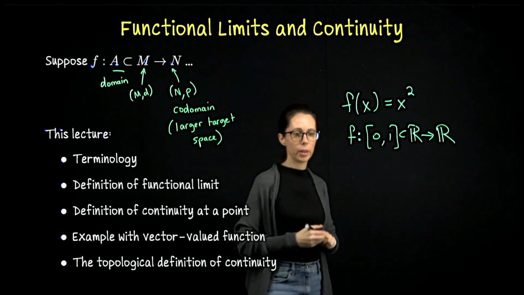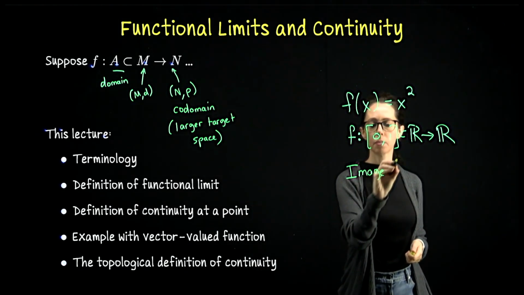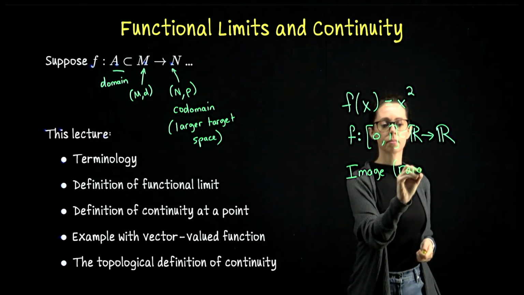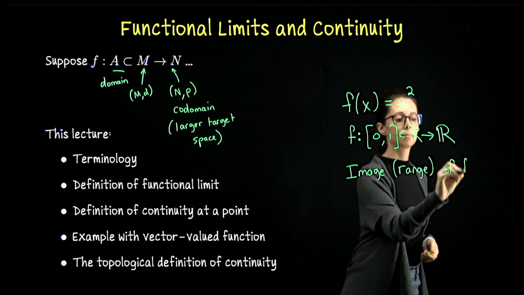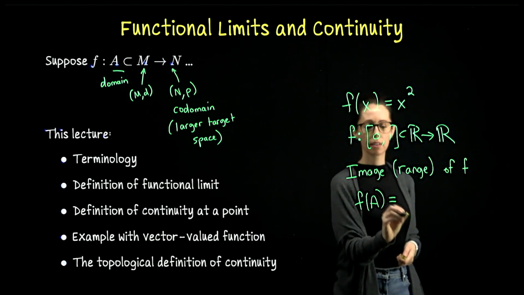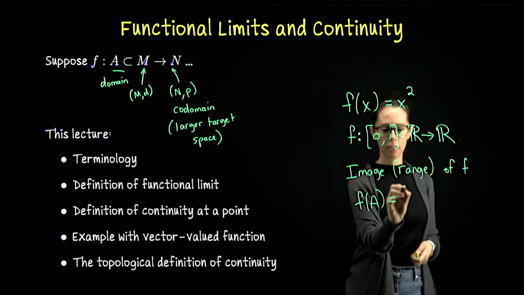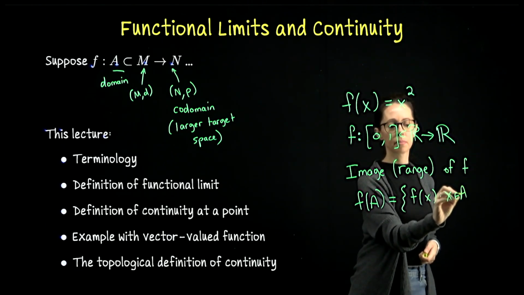The true set of outputs is the image of f, sometimes called the range, and that is denoted f of A. So this is like f of x for all x from the domain.